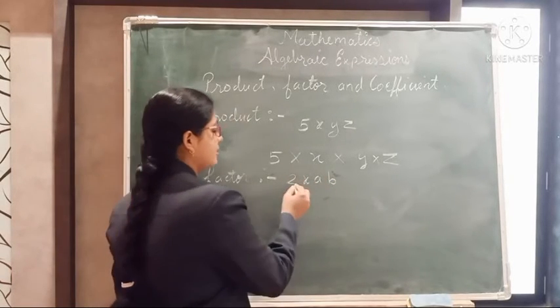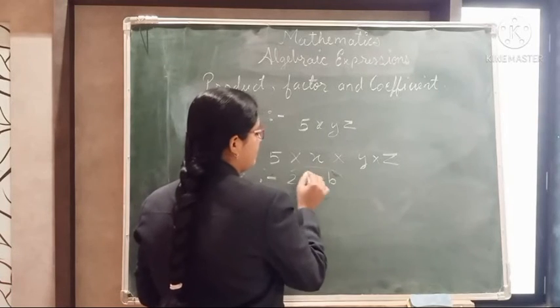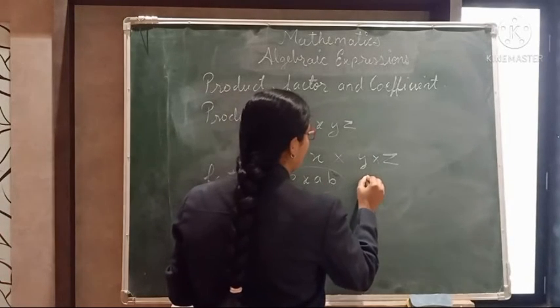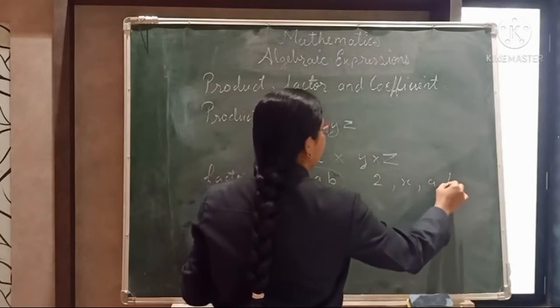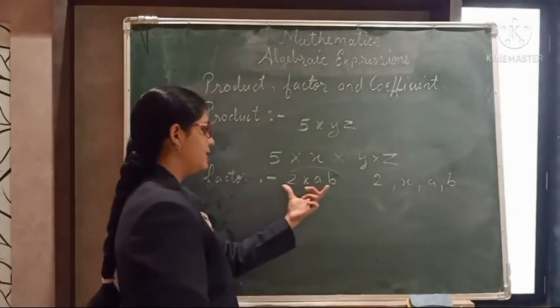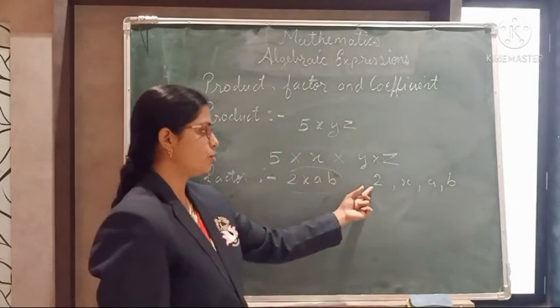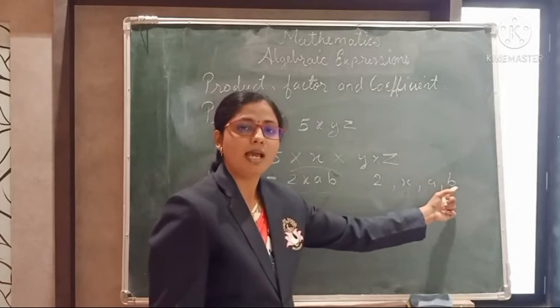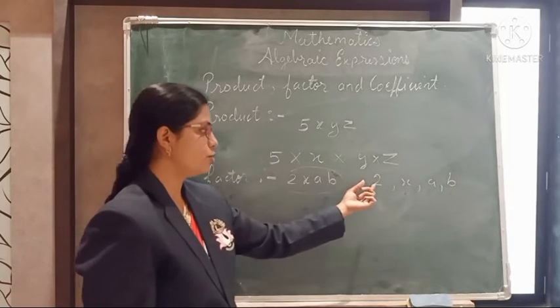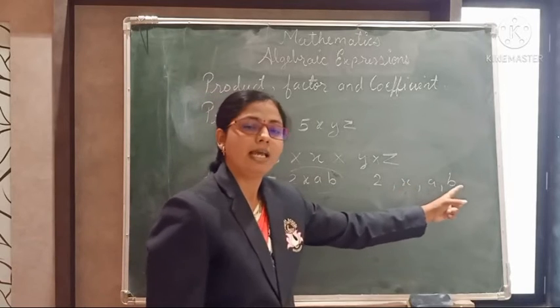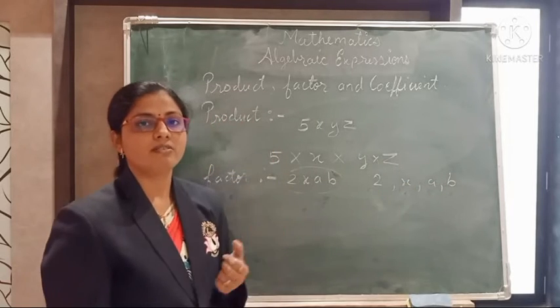When it is forming the product of 2, x, a and b, that means its factors will be 2, x, a and b. This is a product, and its factors will be 2, x, a and b. This is about the factors.